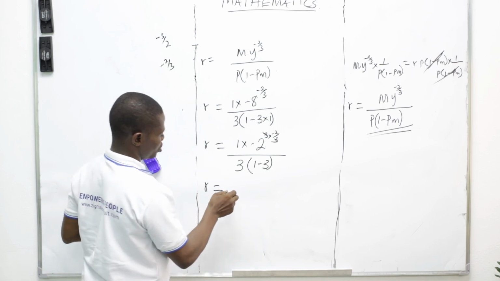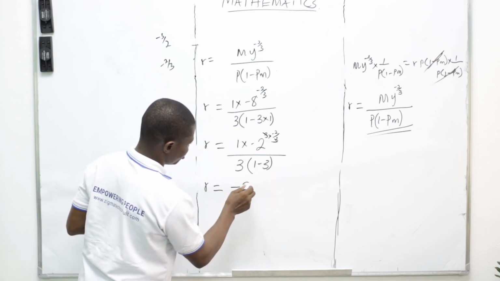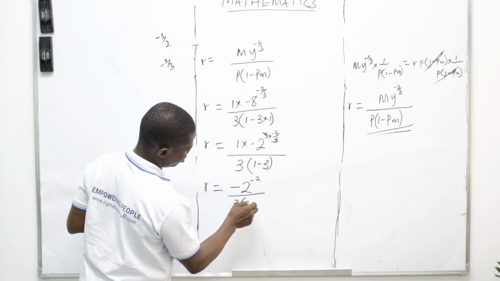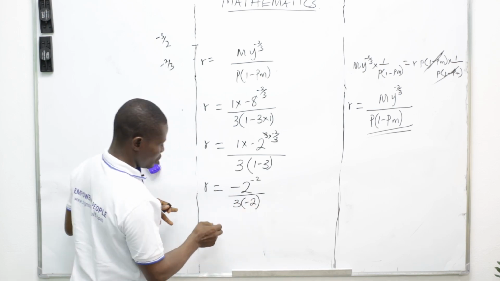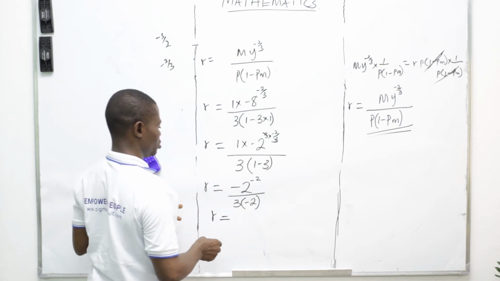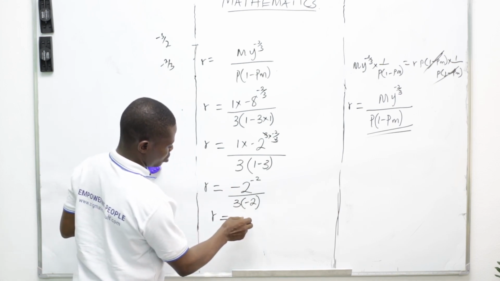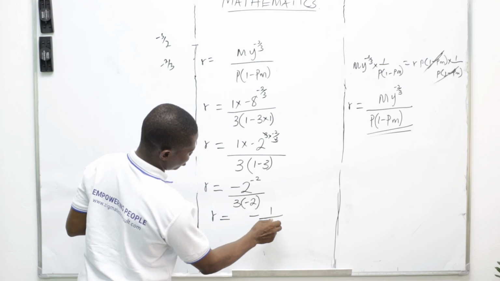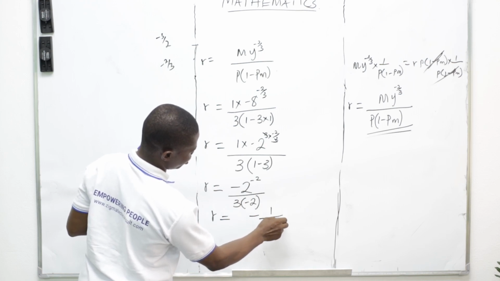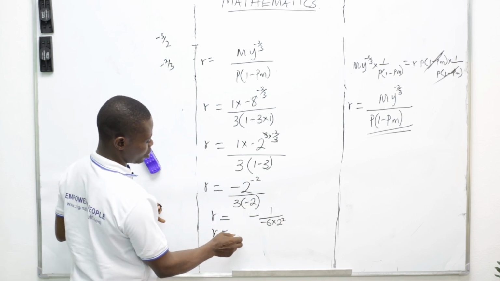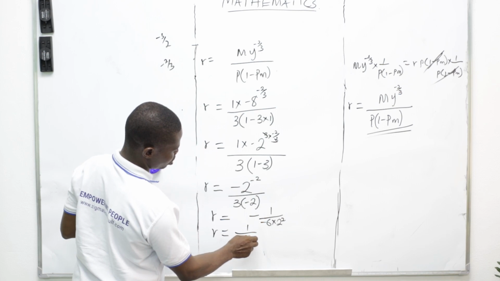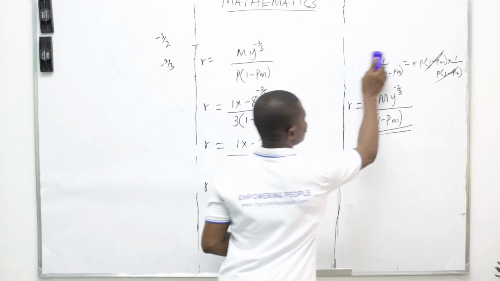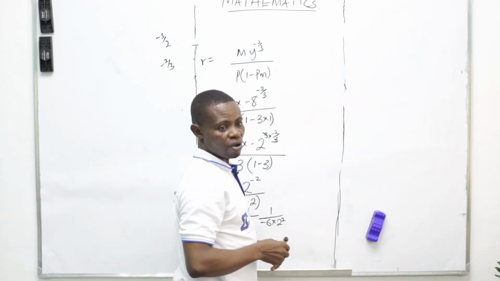So r equals minus 2 raised to the power minus 2 all over 3 into minus 2, so that r equals 1 over 4 all over minus 6, which gives us r equals minus 1 all over 24. This becomes the solution to r because you were told to find the value of r.